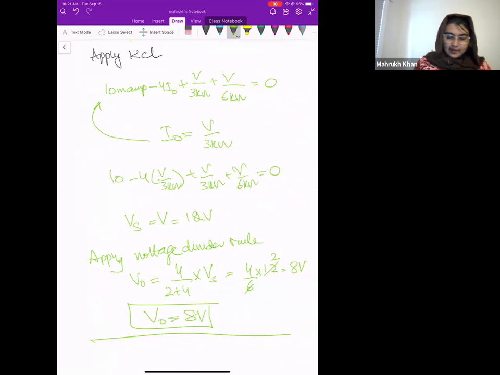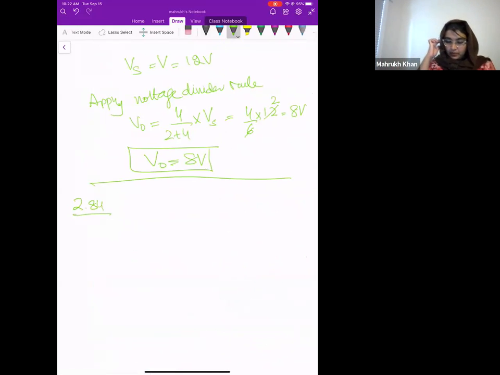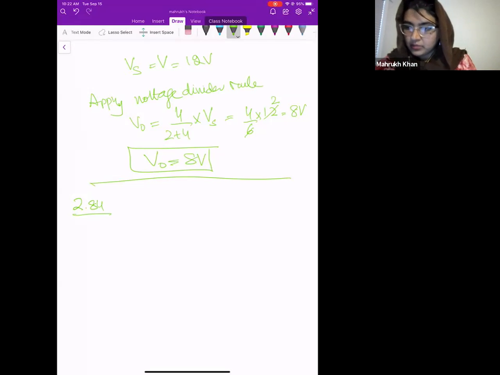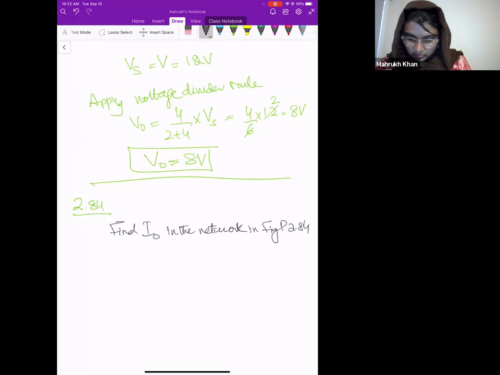Okay, so I am solving problem 2.84. I think this is from your book problems. In this network, you need to find I naught in the network in figure problem 2.84.